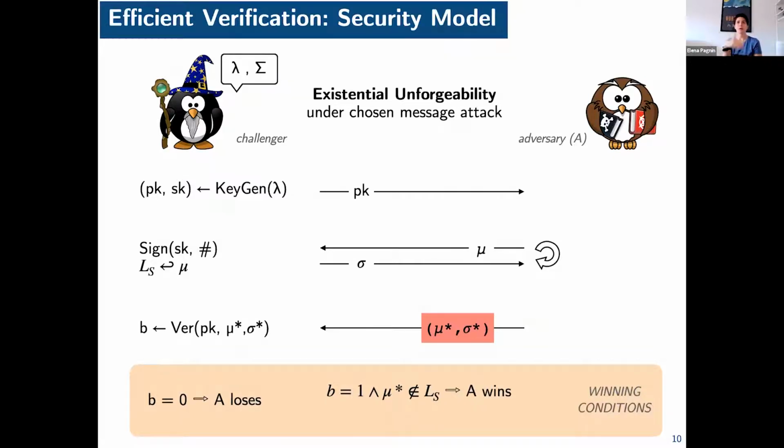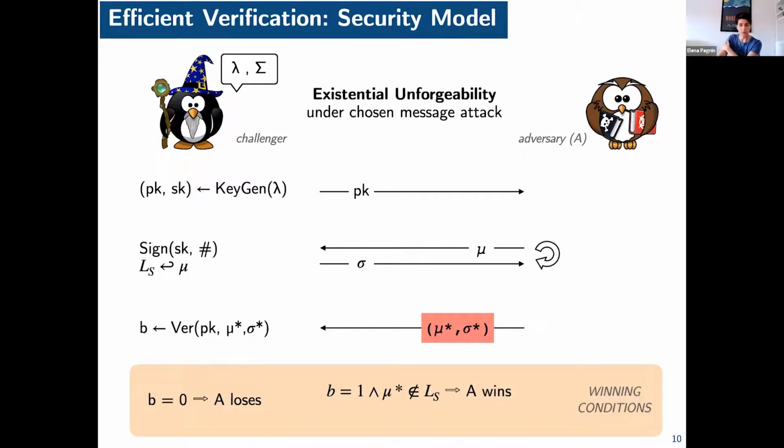Then the adversary can run a bunch of queries to the signing oracle by submitting a message and getting back the corresponding signature. Finally, at the end of the experiment, the adversary is asked to produce a message signature pair, mu star, sigma star, and it wins if the verification algorithm of the digital signature scheme outputs 1, and the message is not among the ones that have been signed by the challenger during the game.